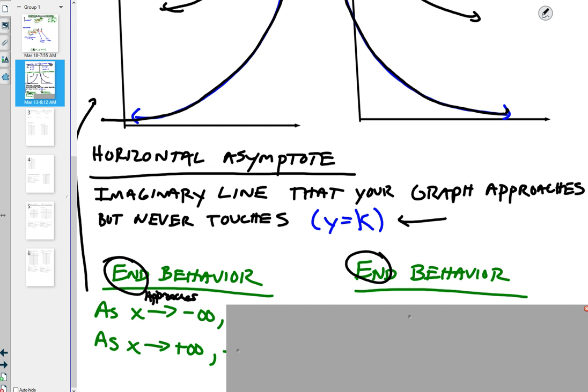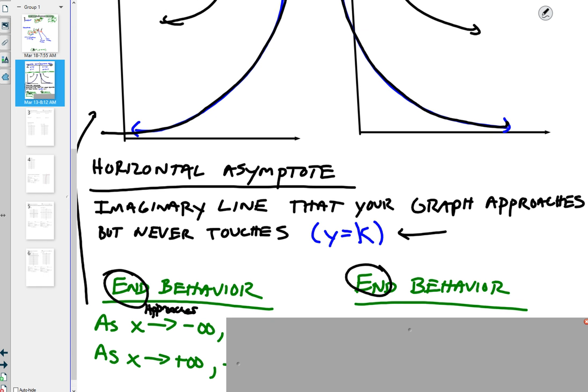Sorry for my handwriting. And do you want to help out with the Vietnamese translation of approaches? You don't know the translation? Should I use Google Translate? Let me see if I can use Google Translate. I never get a chance to use it. And then you tell me if it makes sense.